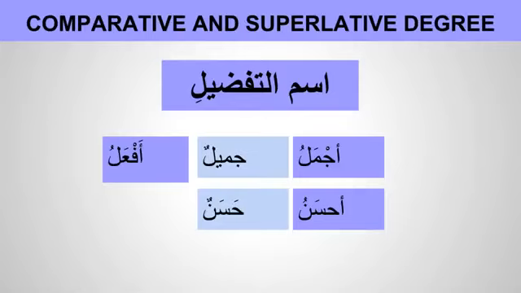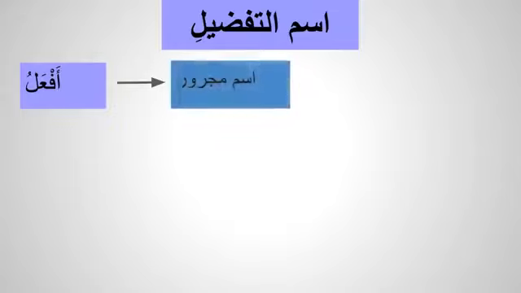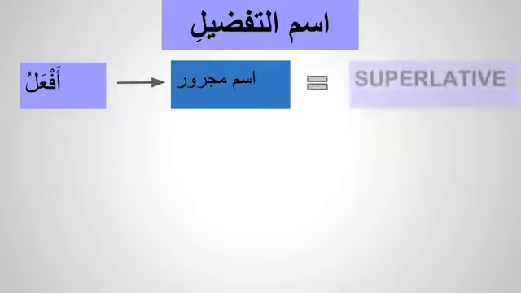Now, how do we know in a sentence whether it is comparing or superlative? If we have the pattern af'alu immediately followed by an ism majroor, like a mudaf mudaf ilayhi pattern, a noun that has kasra, that is a superlative.